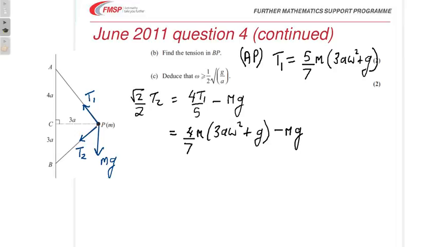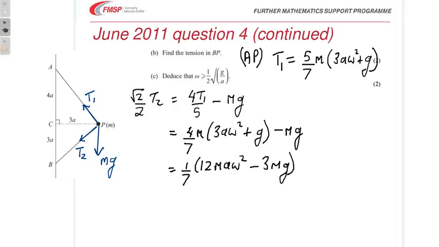So when you unscramble all of this, making the minus mg term 7 over 7 mg, you get 1/7 of 12 m a omega squared plus 4 mg minus 7 mg. Right.